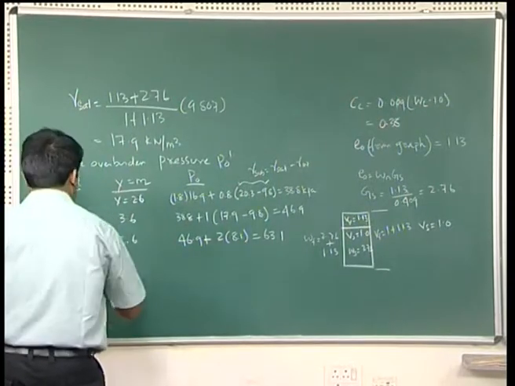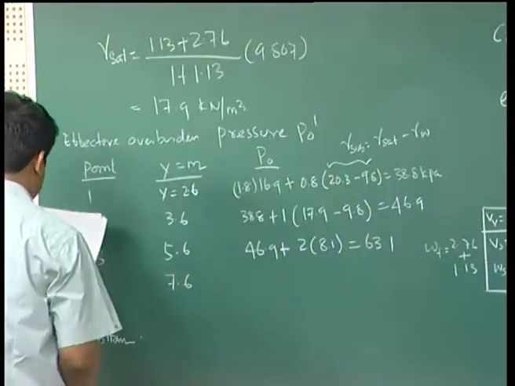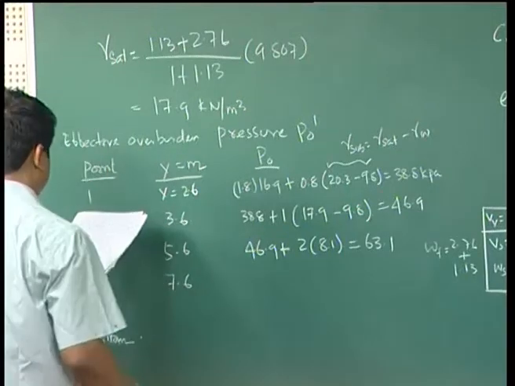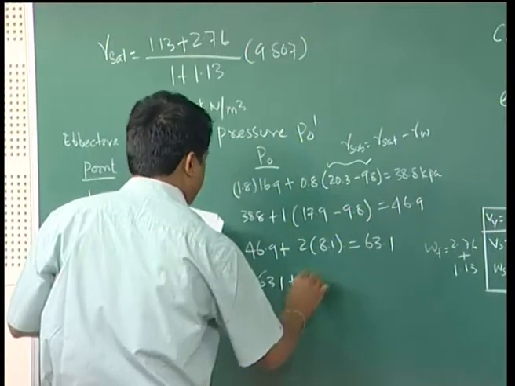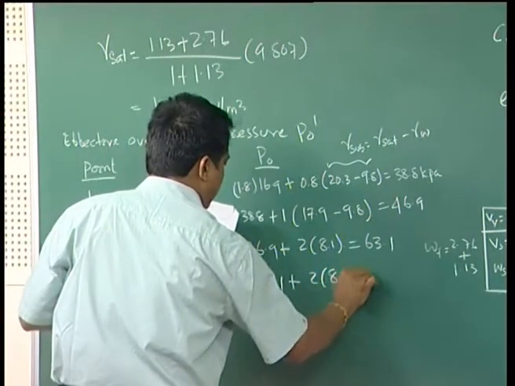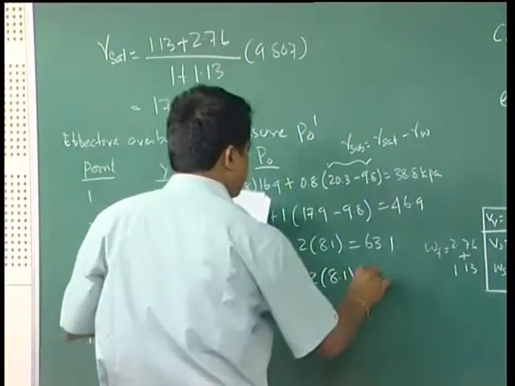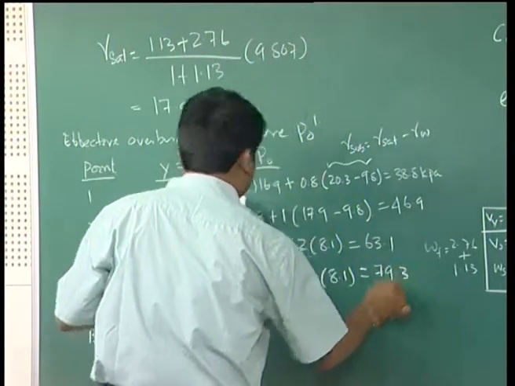Then the fourth is 7.6, so it will be 63.1 plus 2 into 8.1, which is equal to 79.3.